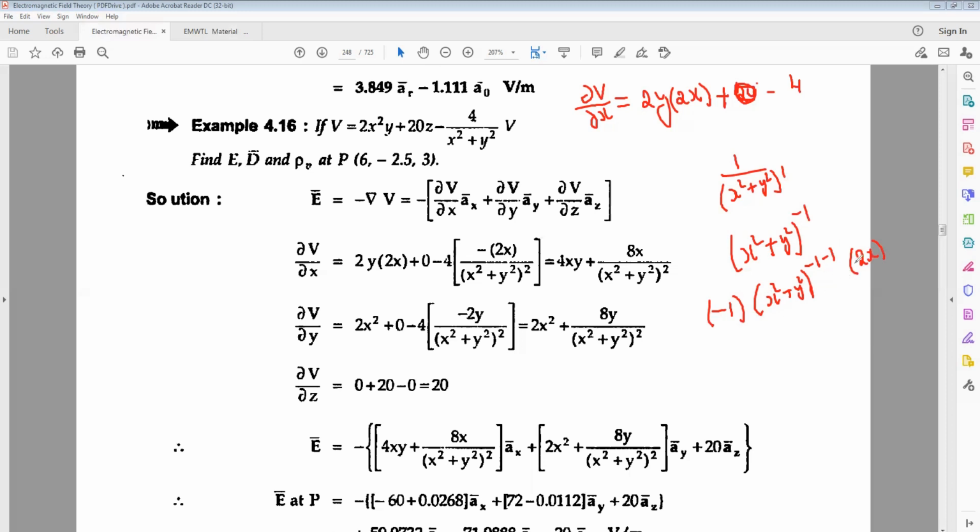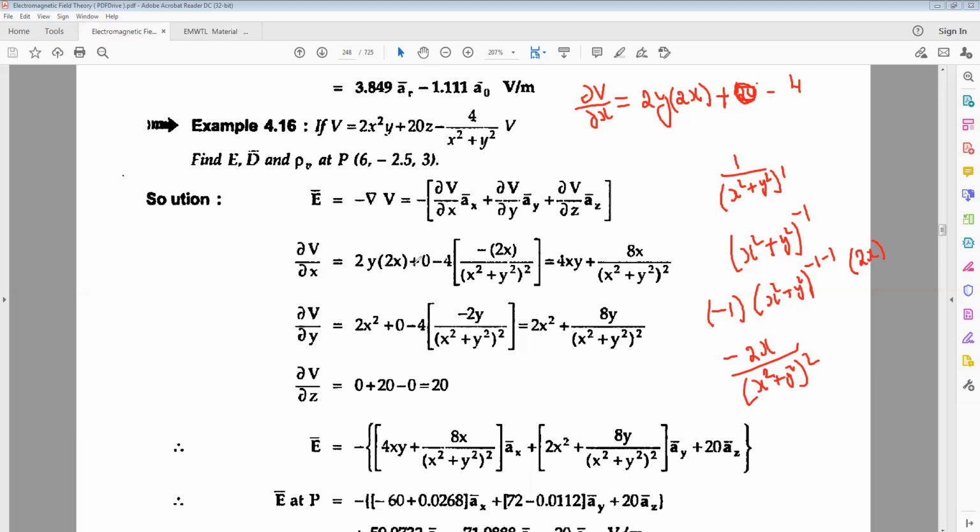Minus 2x, and the denominator power minus 1 minus 1 gives minus 2, so x square plus y square whole square. This is the derivative of 1 by x square plus y square, so you get minus 2x by x square plus y square whole square.